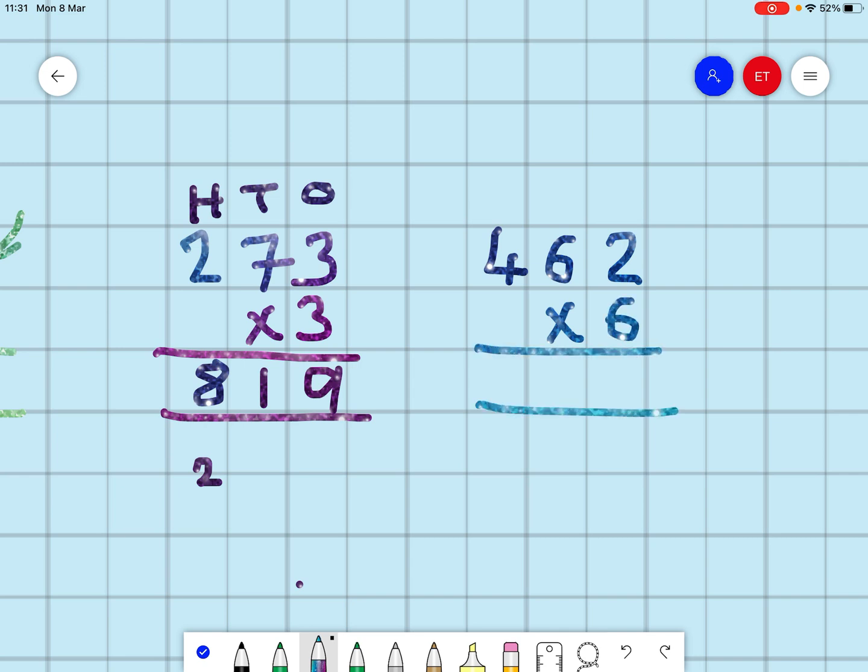Okay, so 2 multiplied by 6 is 12. So 12 has 2 ones, carry over our 10. 6 times 6 is 36. Remember though, that will be 60 times 6, which is 360. Add our 10, 370. So put our 7 tens in the tens column, carry over our 300. 400 times 6.